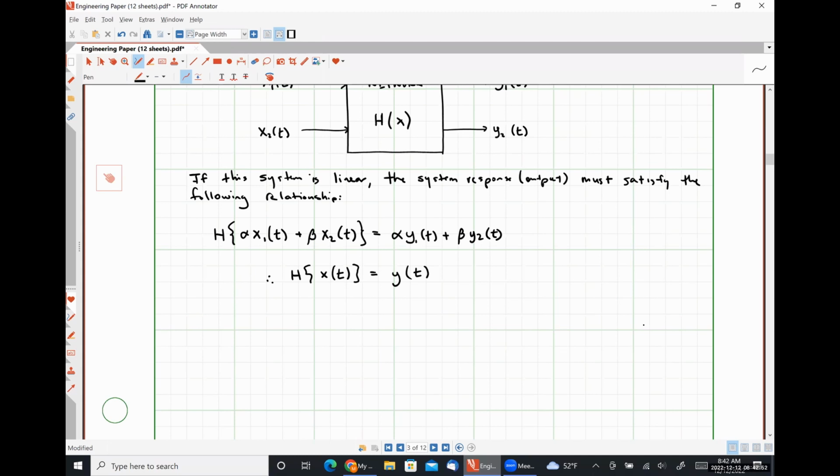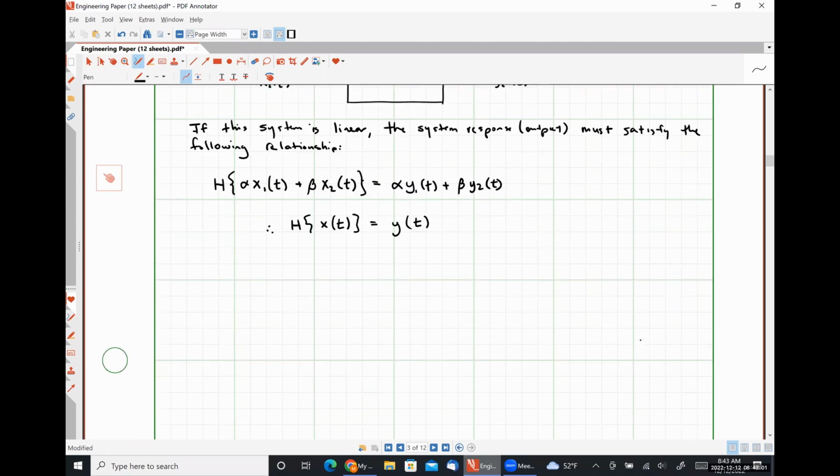So as I mentioned a moment ago, there are two distinct and independent properties that must be satisfied: additivity and homogeneity. Let's talk about the additivity property of linearity. Okay.